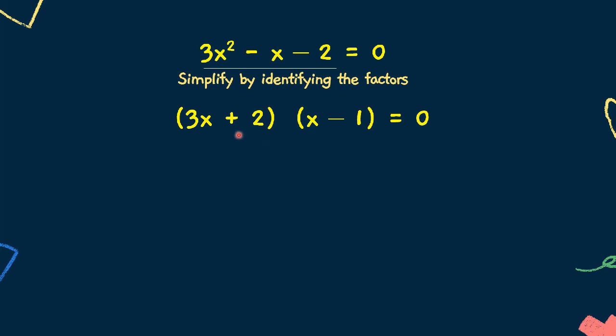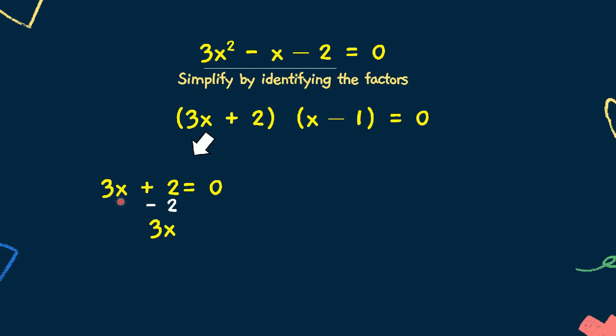First we solve for x in this factor. We equate it to 0: 3x plus 2 is equal to 0. We are looking for the value of x, so we need to eliminate the plus 2. To eliminate it, we simply subtract 2.